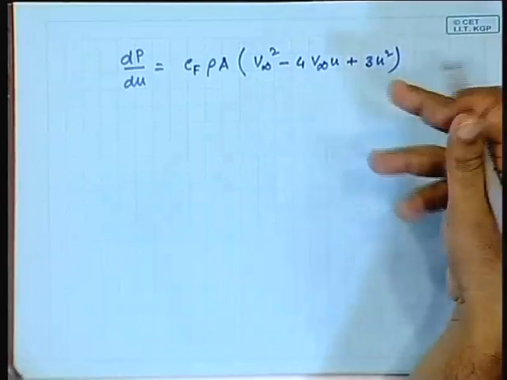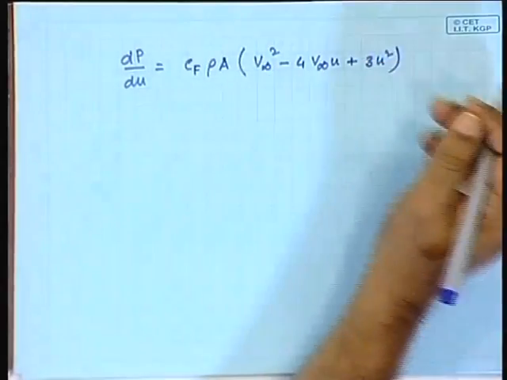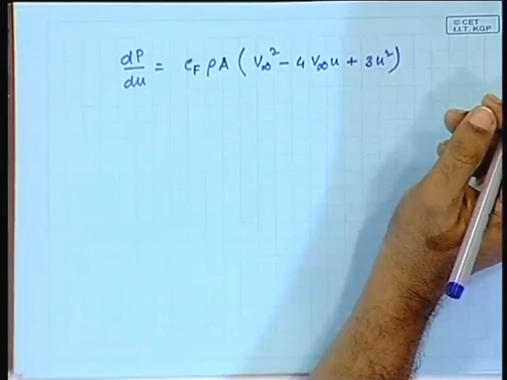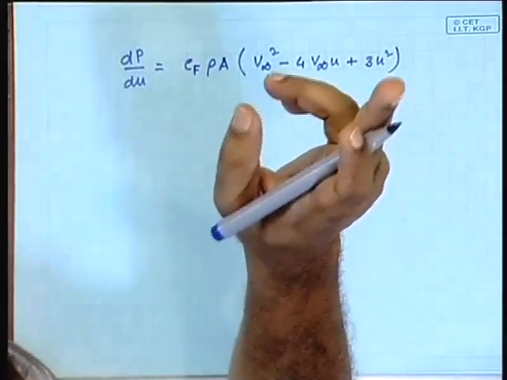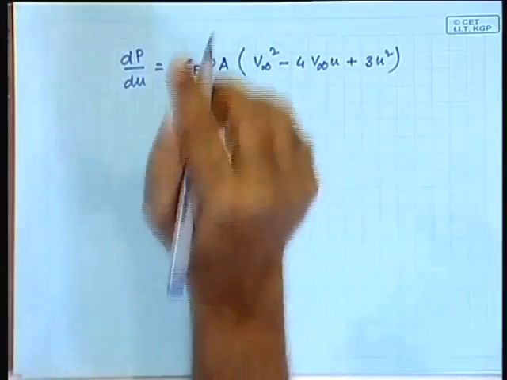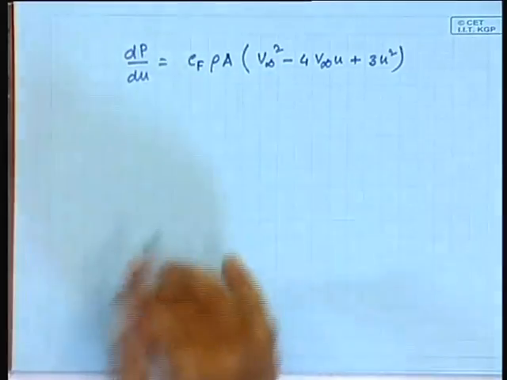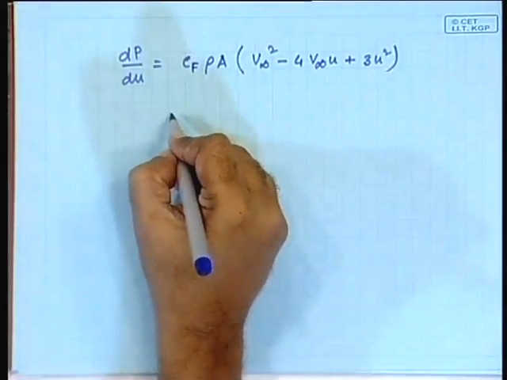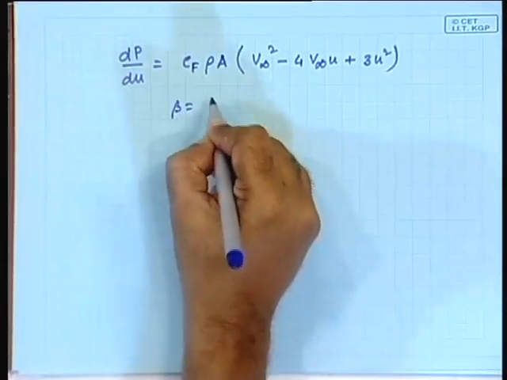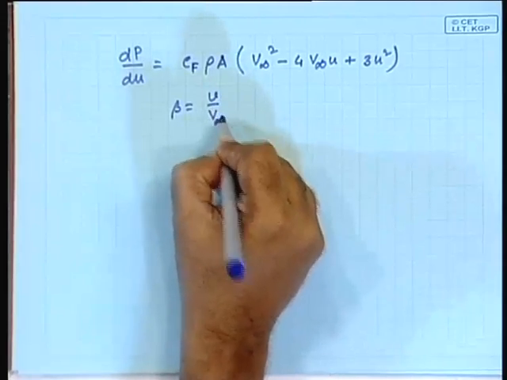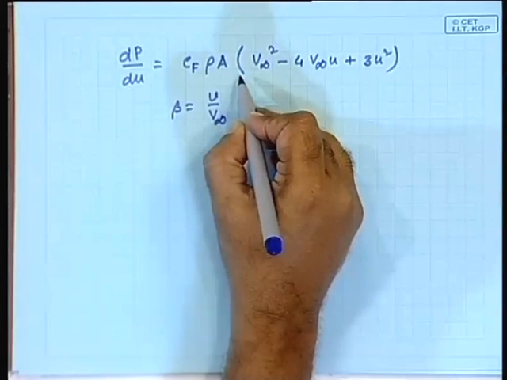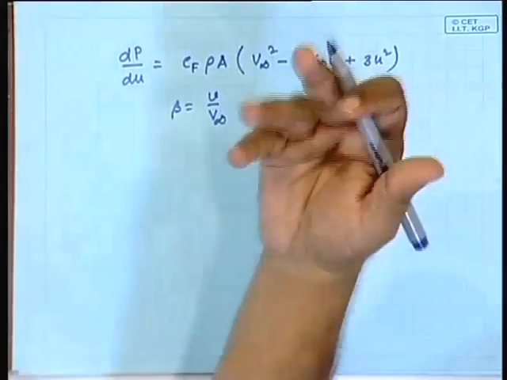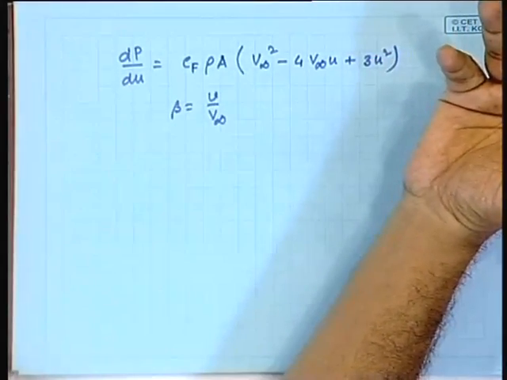In order to do the calculation easily, yes, it will be the same weight, but nevertheless just let me do this here. In order to do this calculation, you just define beta as u by v infinity, so that you express this in terms of beta and beta's maximum value that you obtain.